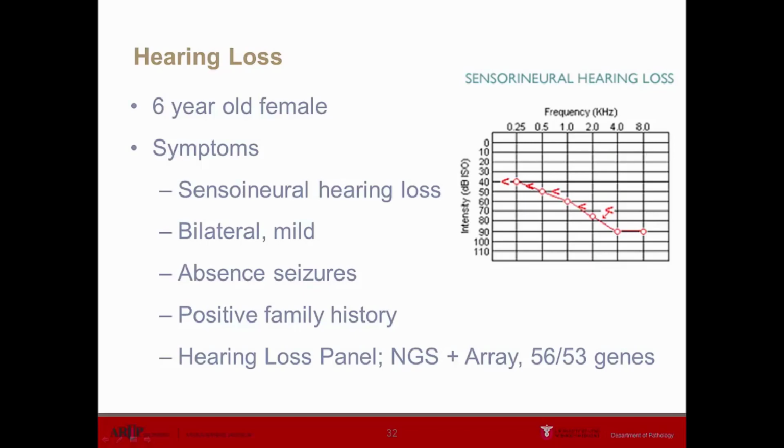You can do some interesting workarounds with sequencing. You can take it into the Sanger lab. You can do long-range PCR. There are some techniques you can use to get around the regions of sequence similarity. With arrays, it's a little harder. So that's why this particular assay has 56 genes on the NGS and 53 on the array.